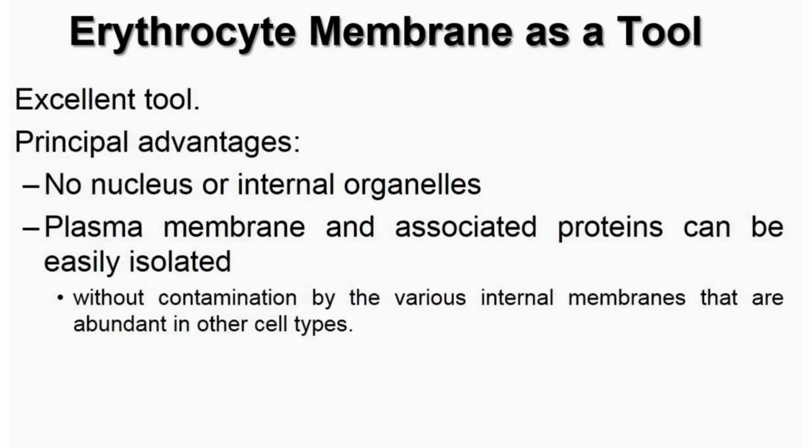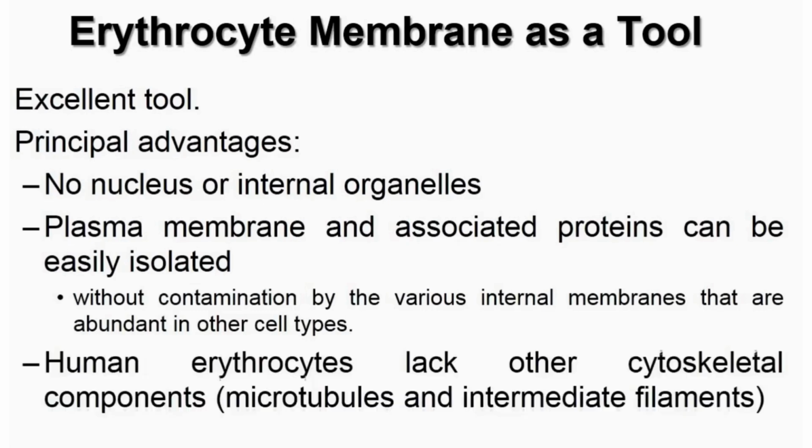Another important point is that, except for camels and llamas, human erythrocytes lack a nucleus. The nucleus is extruded during the maturation process of the RBC. Human erythrocytes also lack other cytoskeletal components such as microtubules and intermediate filaments. Since we can rule out microtubules and intermediate filaments, all that the human erythrocyte contains is actin, and therefore the erythrocyte membrane is a very important tool for the study of actin filaments.